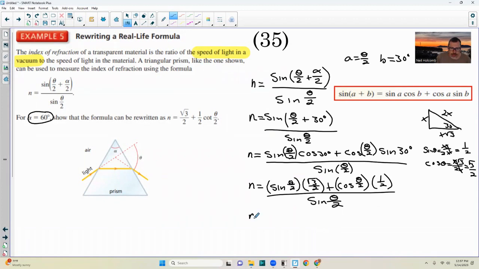Rewrite this: it's going to be the square root of 3 over 2 sine theta over 2 plus 1/2 cosine theta over 2, all over sine of theta over 2.